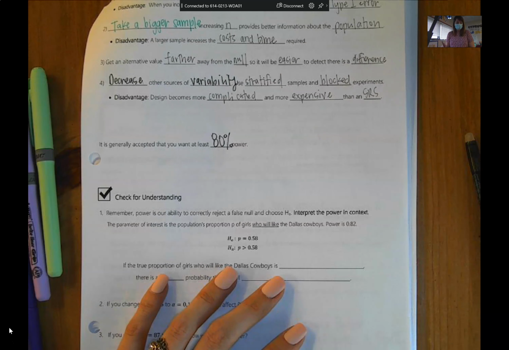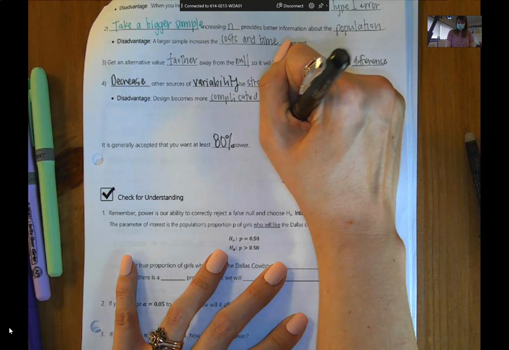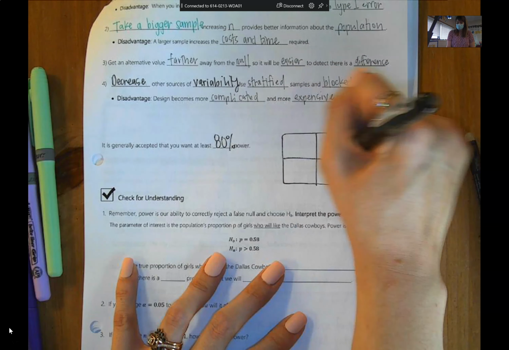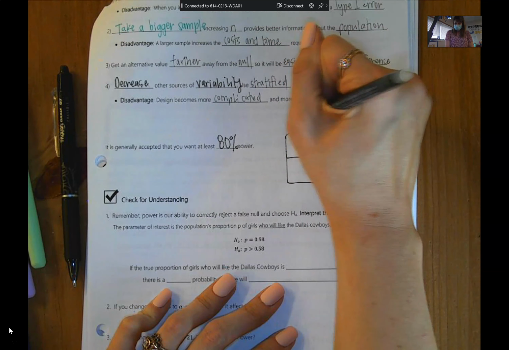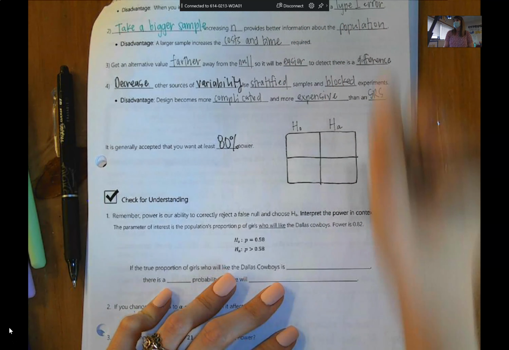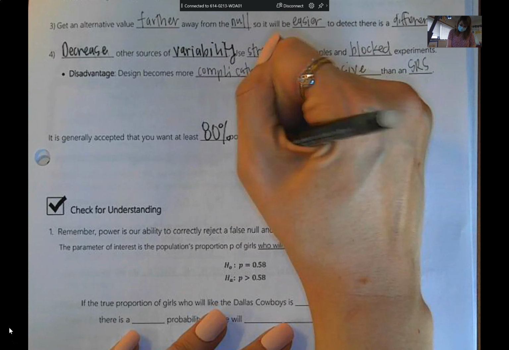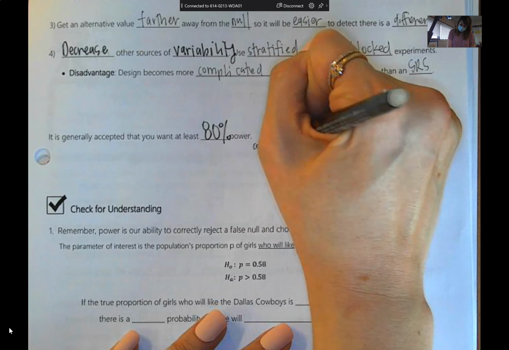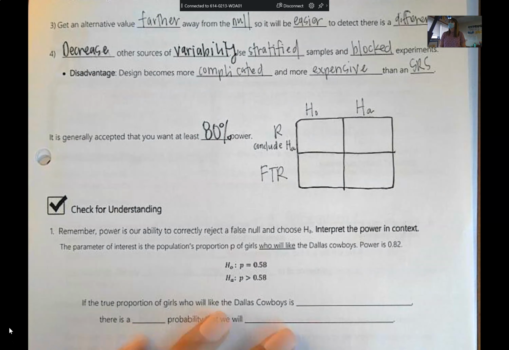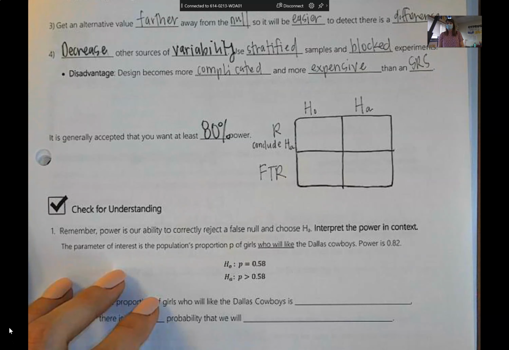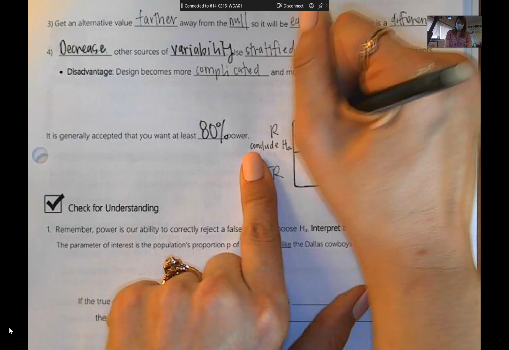So to finish this up, I am going to connect it to that little table we had from the last lesson in terms of a type 1 and a type 2 error. So across the top, we had H0 true, HA true. Then down the side, we had reject, which means you conclude HA, and fail to reject. If the null is true and you reject it, that is your type 1 error.